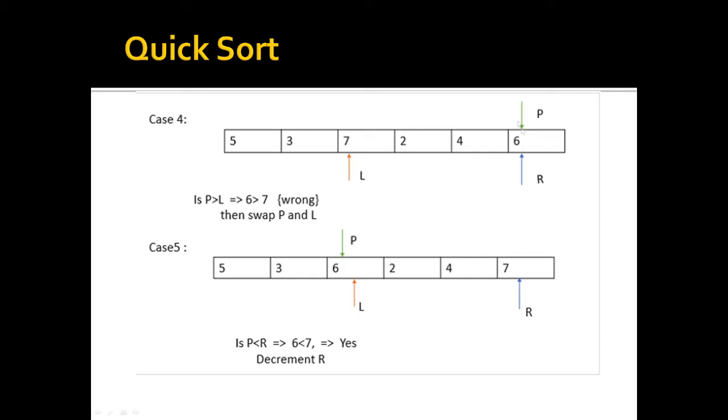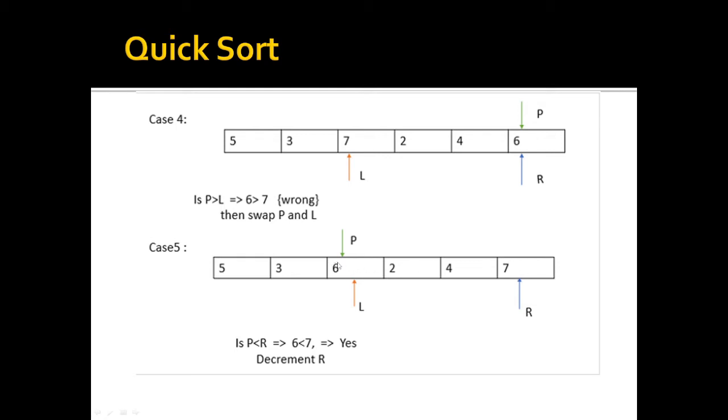Is P higher than this? No, so what we're going to do is swap their places. So this becomes 7 and this becomes 6, our new pivot. Then we now compare with the right one. Again, to the right should be higher.